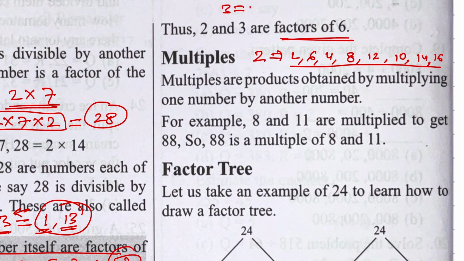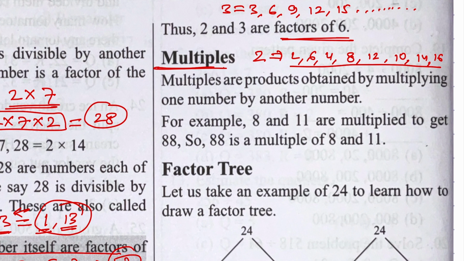So 3, 6, 9, 12, 15 and so on and so forth. Will it ever end? Never. It will not end ever. So multiples are infinite.